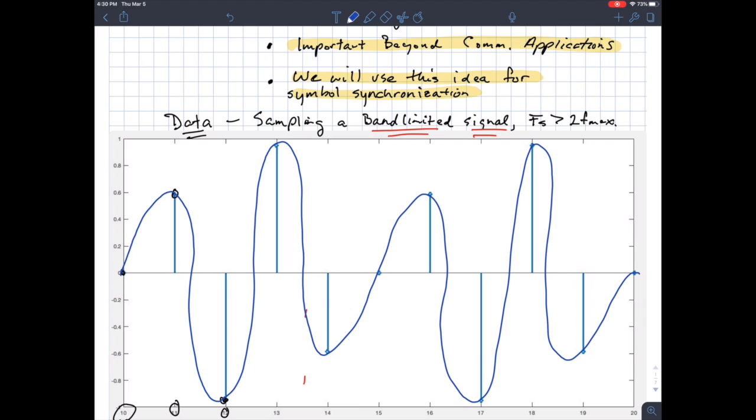Well, it turns out the low-pass filter does that job for you, and because it's doing that, it's actually interpolating all the data between the samples, and you can use that in communication applications and data science applications and other applications where you might be sampling a band-limited signal.